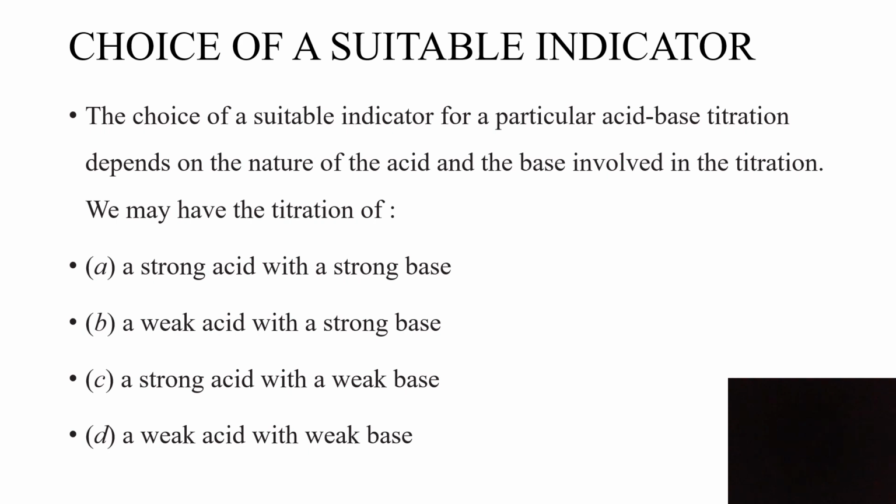How to choose a suitable indicator for acid-base titration? The choice depends on the nature of the acid and base involved in the titration. They may be a strong acid with a strong base, a weak acid with a strong base, a strong acid with a weak base, and a weak acid with a weak base.